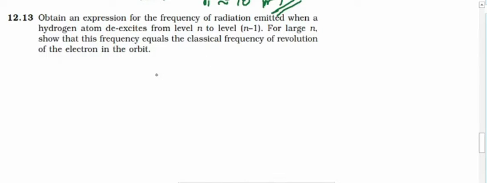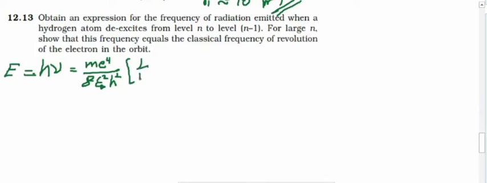So we can start from the energy formula: the energy difference E is equal to h nu, which is equal to m e power 4 over 8 epsilon naught square h square into 1 by nf square minus 1 by ni square.